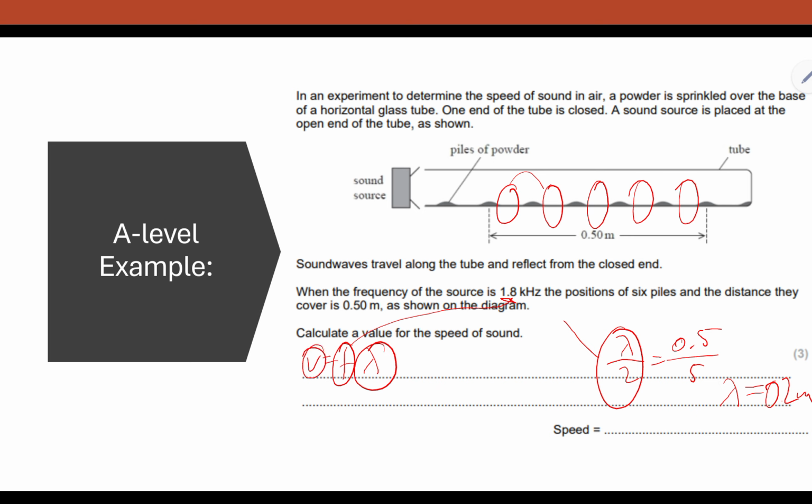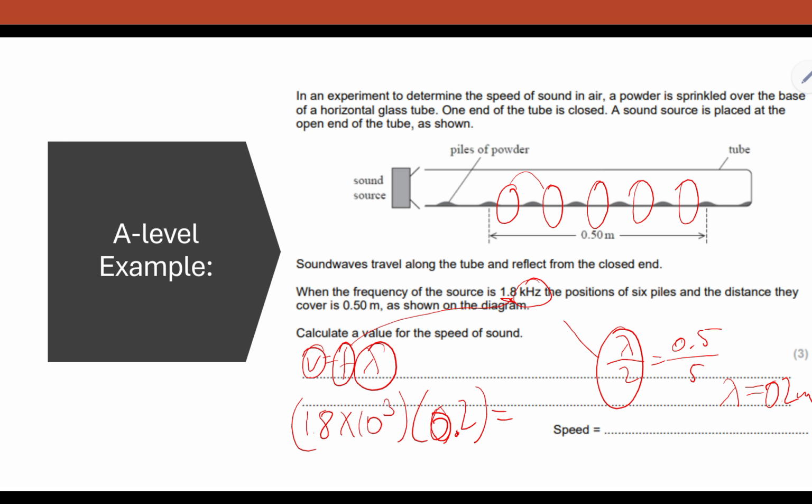So all we need to do is do the frequency, which is 1.8, but look, it's kilohertz. So we need to times it by 10 to the power of 3 to get it into hertz. So we get 1.8 times 10 to the power of 3, in hertz, not kilohertz. And we multiply it by 0.2, as that is the wavelength.